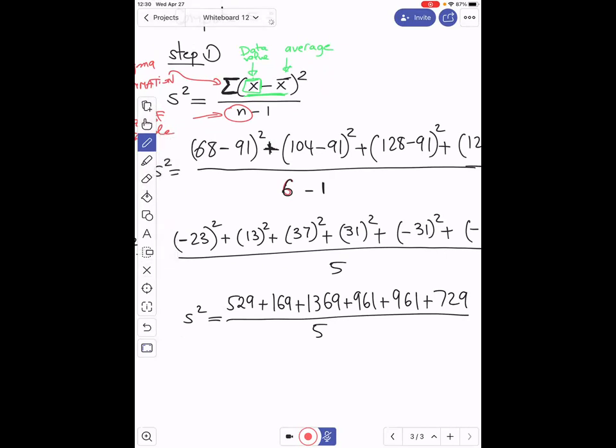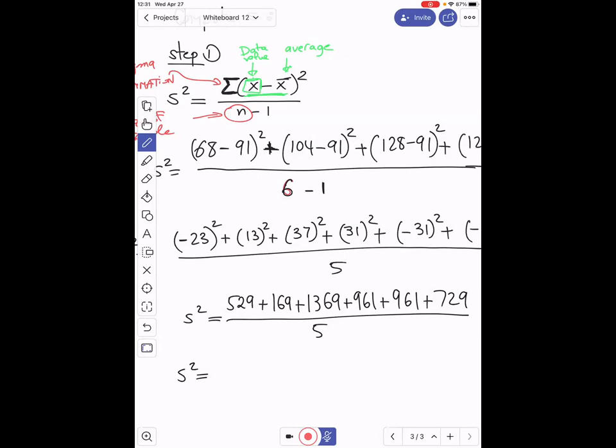And so your S squared, let me see. We have 529 plus 169 plus 1369 plus 961 plus another 961 and plus 729.